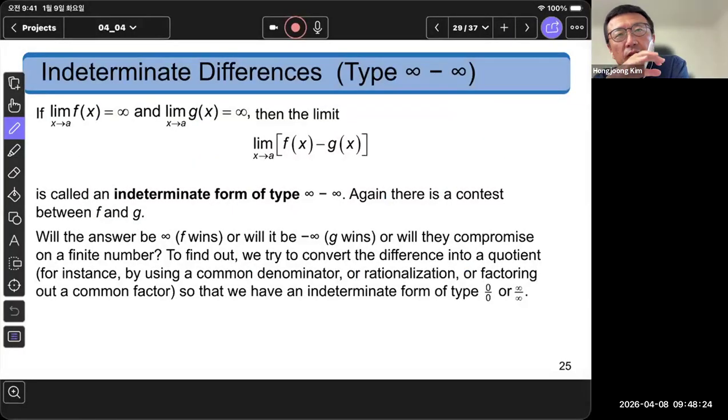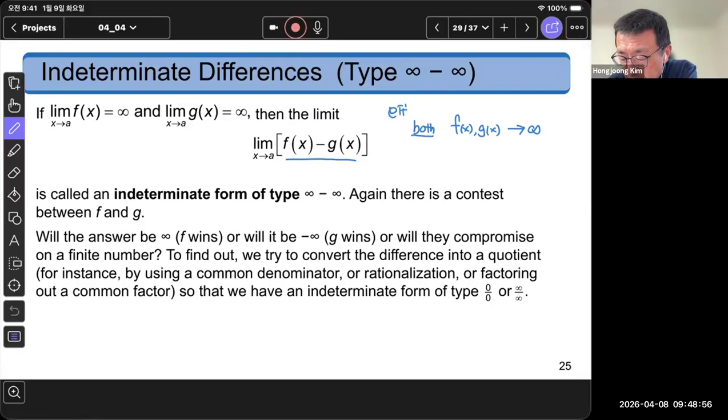Now, another variant is this. If you have the limit of f of x minus g of x, and both f of x and g of x diverge to infinity, so either both f and g diverge to infinity, or both f of x and g of x diverge to negative infinity, in that case, there is no fixed method to convert this.